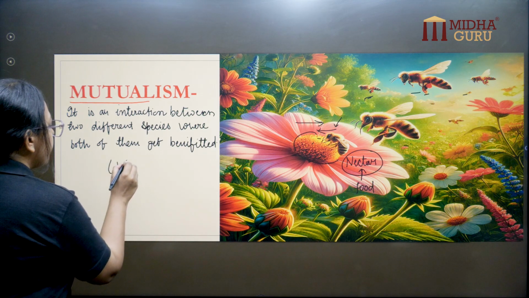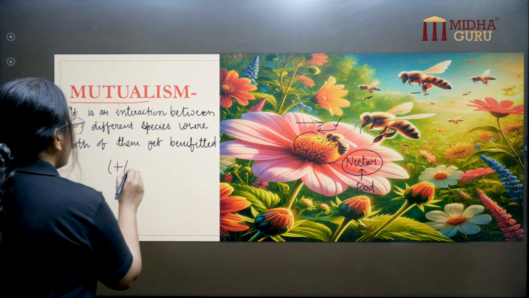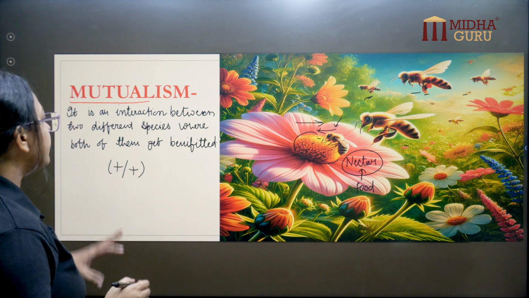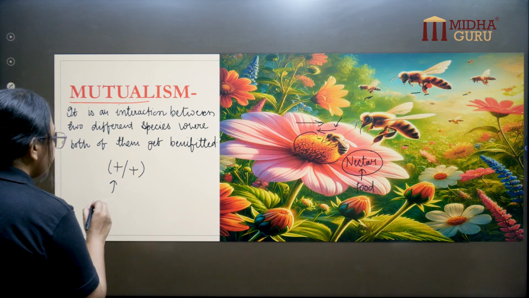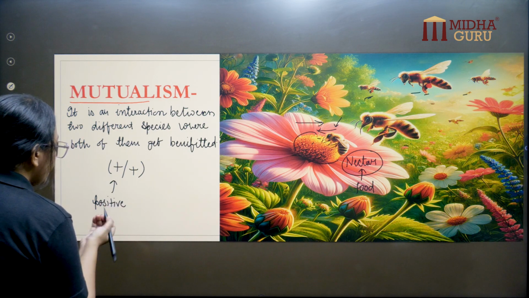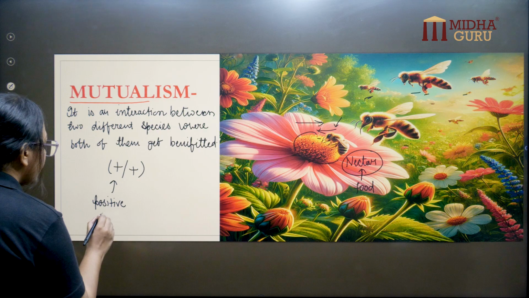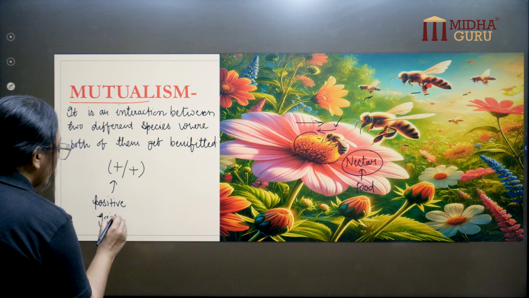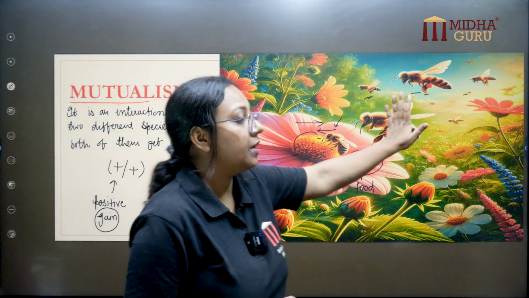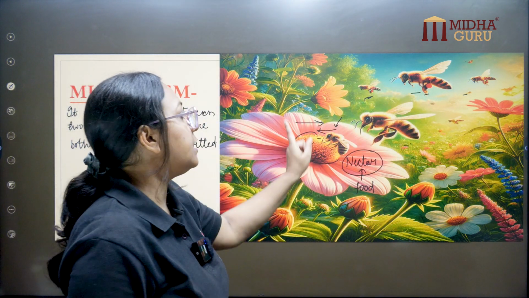So here, if I have to symbolize this, I will symbolize it as plus plus. Plus is the positive thing. Plus means positive, that means it is being advantageous, or it is denoting the gain. So they are in benefit. Let us suppose B is the first organism, it is getting benefited. How?